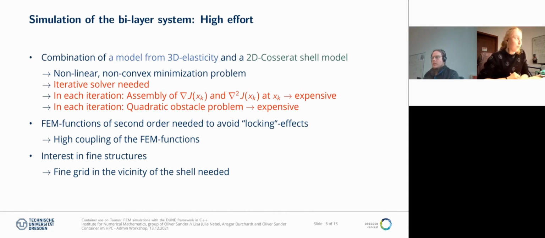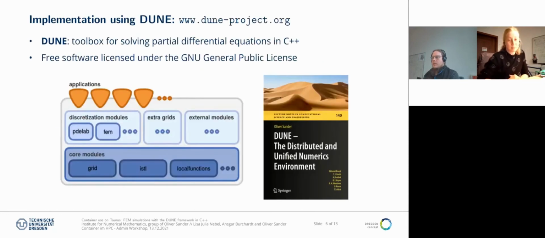So we implemented the simulation in DUNE. You can see the webpage here. And also, I will share the slides afterwards, so you will find the links here. DUNE is a toolbox for solving partial differential equations in C++. It is free software licensed under the GNU General Public License.